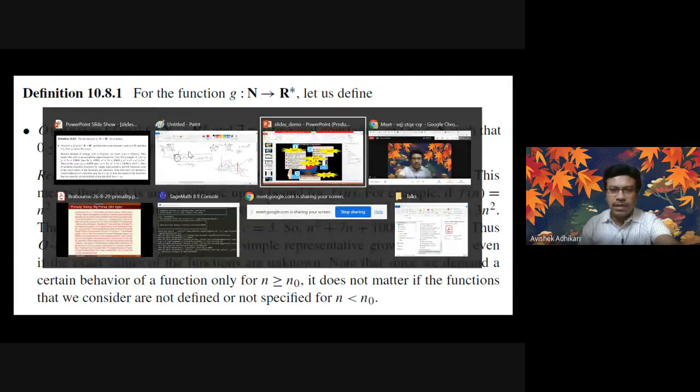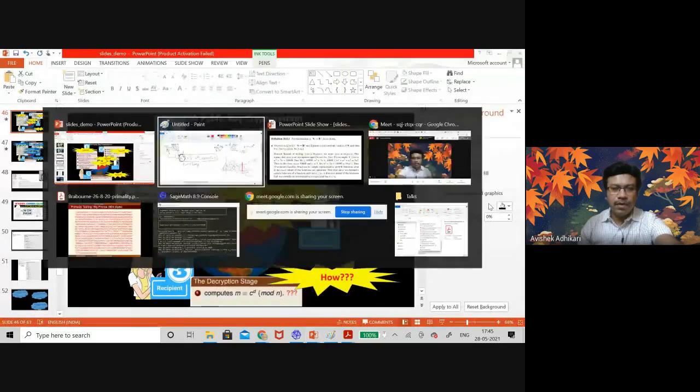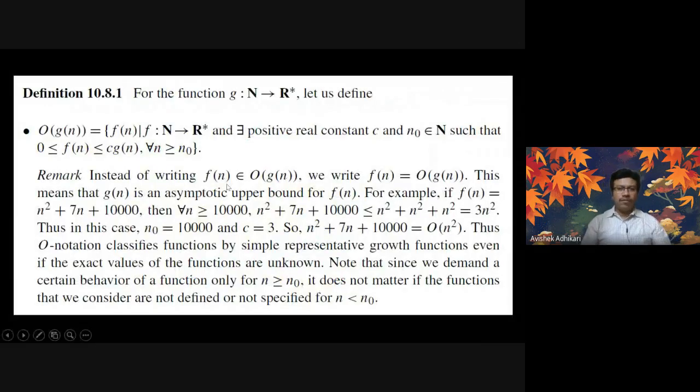That means here you can see that the red one is bigger than the black one, but after n0 its value is less than or equal to c times g(n). Okay, so that's the idea of the order of a function. That is the big O notation of some function g.